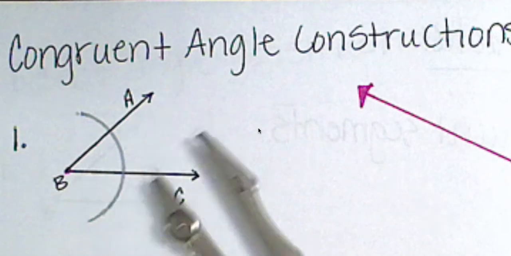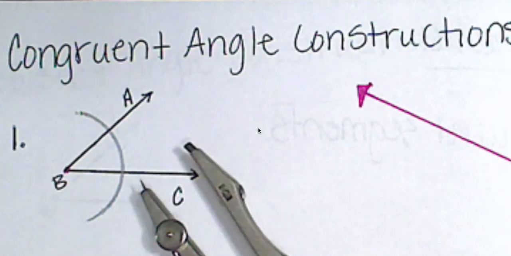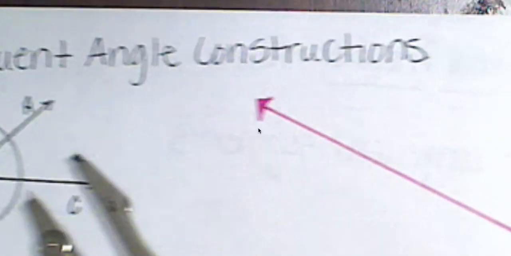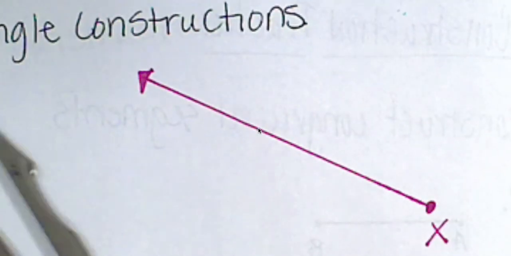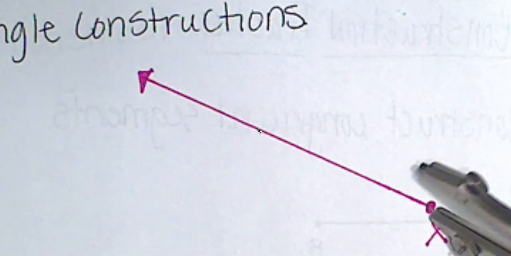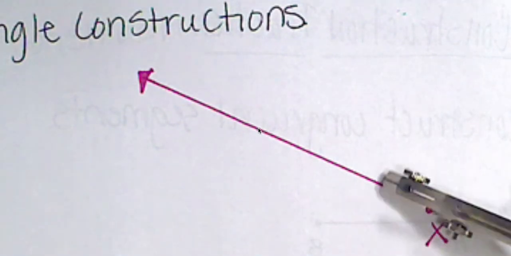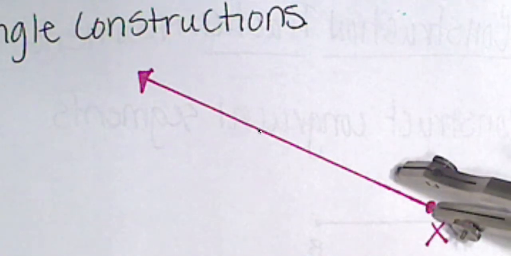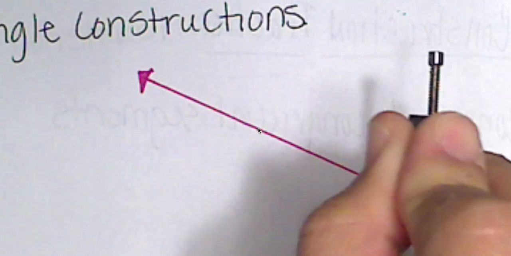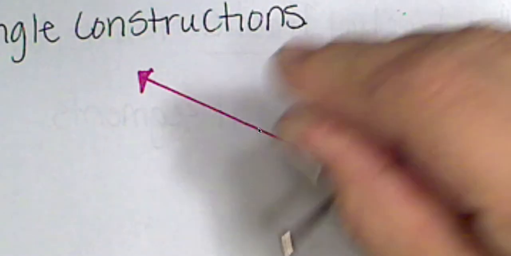Now I'm not moving my compass measure, I'm keeping it just as is, and I'm going to do the similar thing with our ray over here, where I will put our compass tip at X. Because I do not have another ray coming out of it, I'm going to need to make sure that my arc is large enough to fill the gap from our given angle.